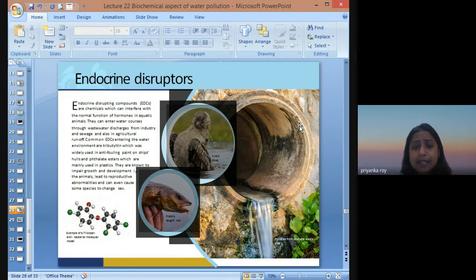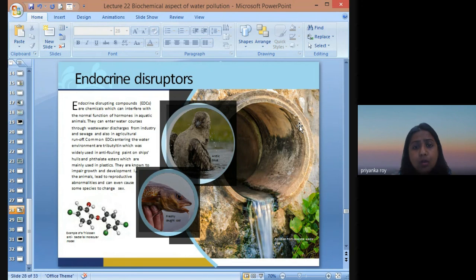Common EDCs entering the water environment are tributyltin, which was widely used in anti-fouling paints on ship hulls, and phthalate esters, which are mainly used in plastics.